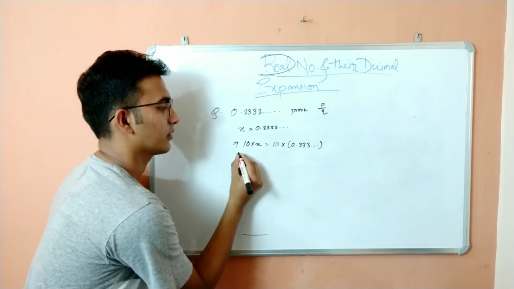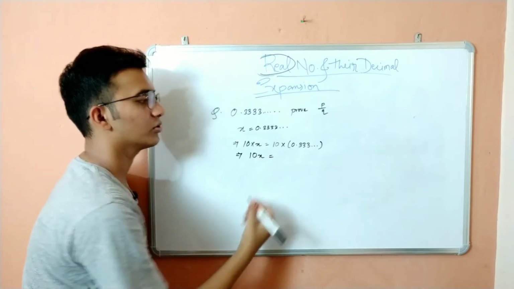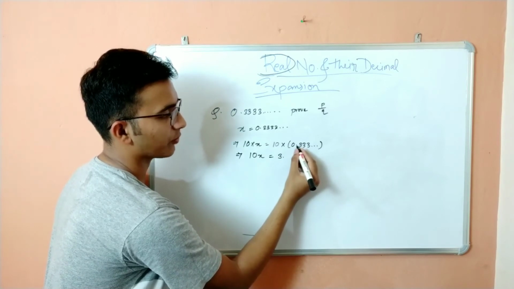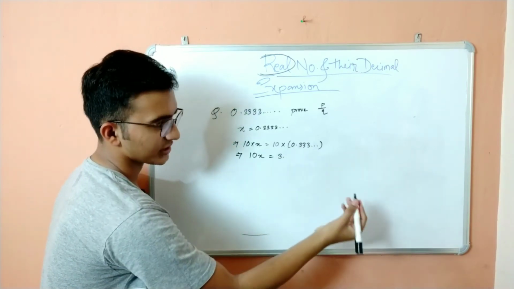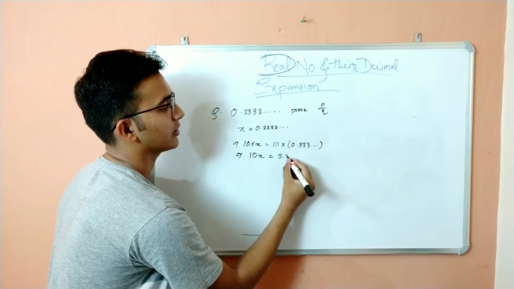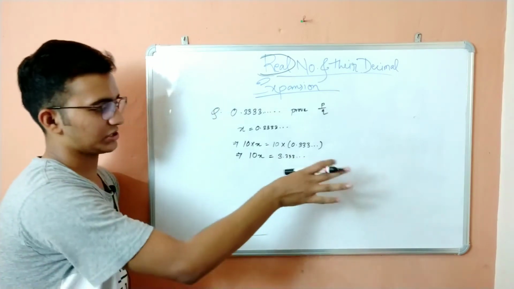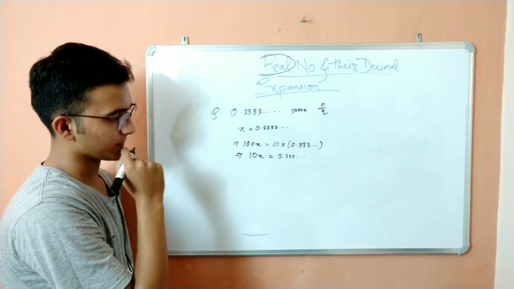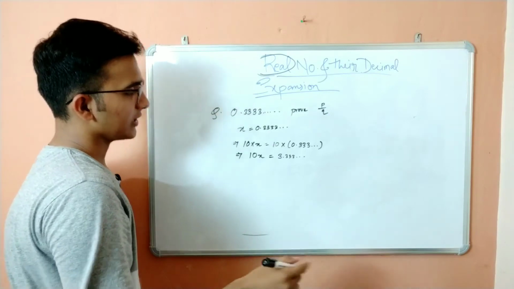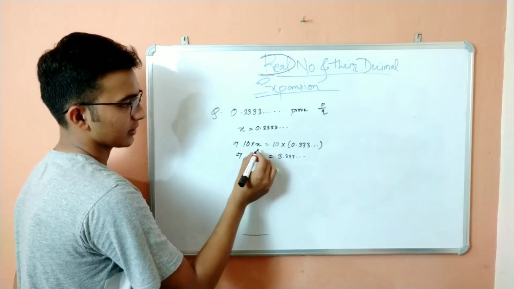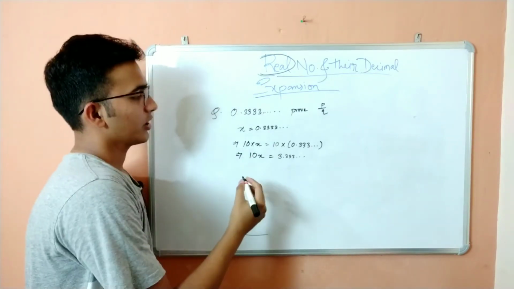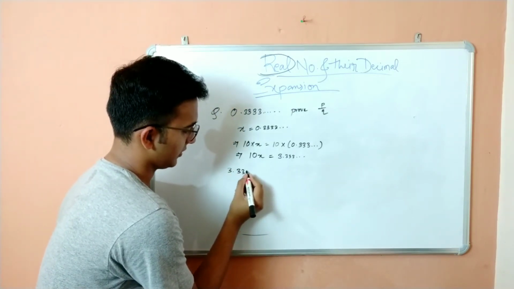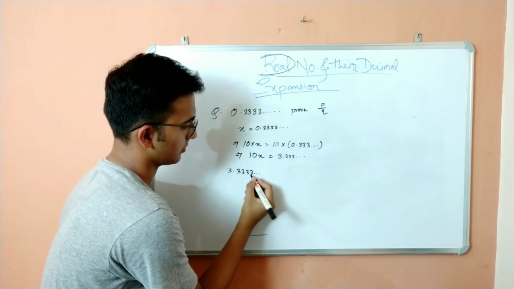Okay, it's clear. So now I get 10x equals to 0.333 into 10, which will be 3.333, because the decimal point will move to the right, and it still goes on. So I multiplied this 0.33 with 10. Now can I say that this 3.33, I got this 3 from 3.33 which goes on?